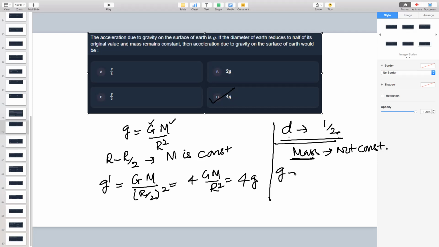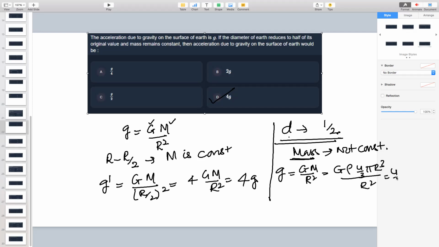So for that, I take g equal to GM by R square. Instead of M, you write volume into density, density into volume divided by R square.